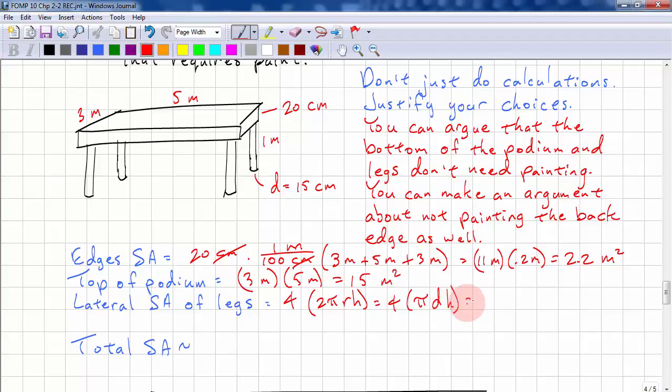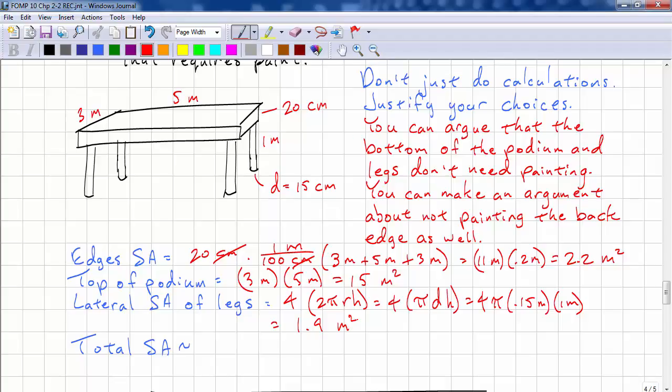So we have 4 pi times d is 0.15. We'll just use this conversion again, meters times 1 meter. And this gives us 1.9 square meters.